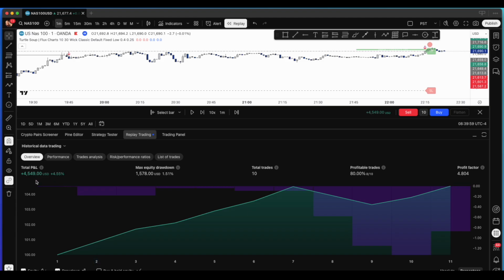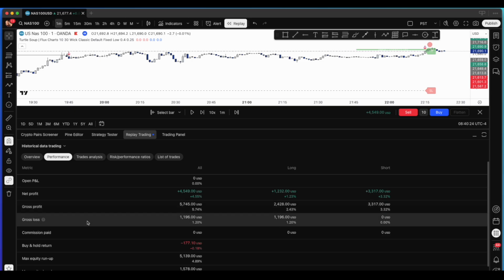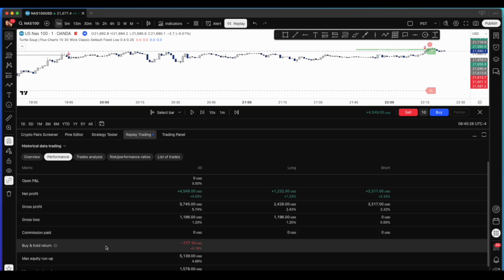So you can see our total P&L was $4,500, a total of 10 trades, 80%, so 8 out of the 10 was winning trade. Remember, each position we opened 2 trades, a profit factor of 4.8. Let's go to the performance. Here you can see all the gross profit, the gross loss, buy and hold returns.